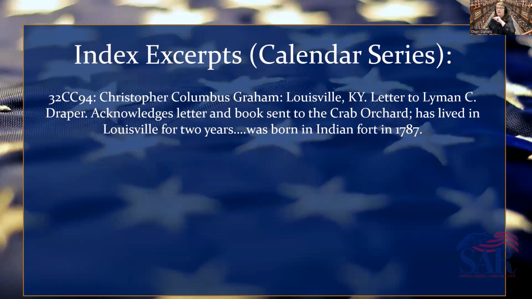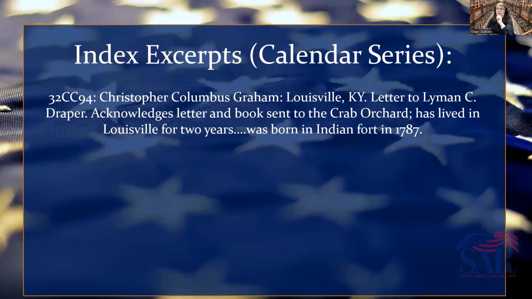See the 32CC94, and basically it's going to give you little abstracts with that person's name in it. So it's not going to give you the transcribed pages from Draper. It's going to give you little abstract entries that you can learn about the contents and see if that's something that you want to go look up and research a little bit more.